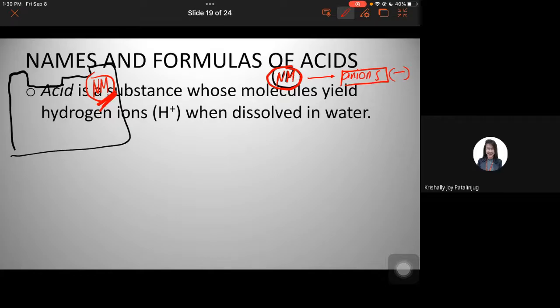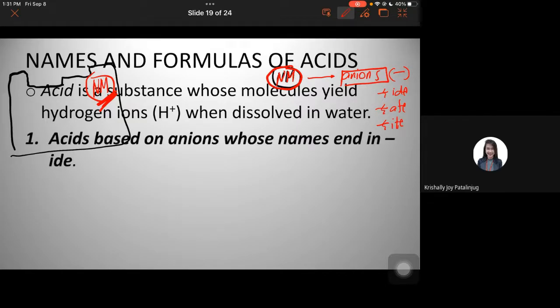We have anions ending in "ide", ending in "ate", or ending in "ite". You remember that, right? For example, bromide, chlorate, chlorite. So they differ in their names. So we can actually derive acids out of these anions.